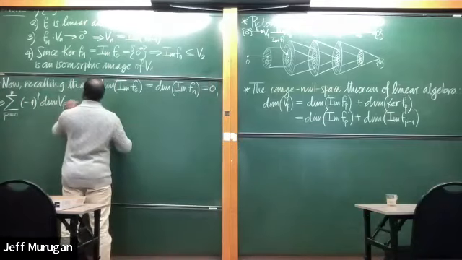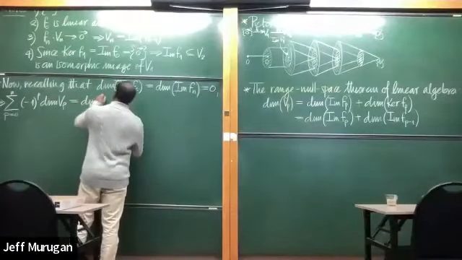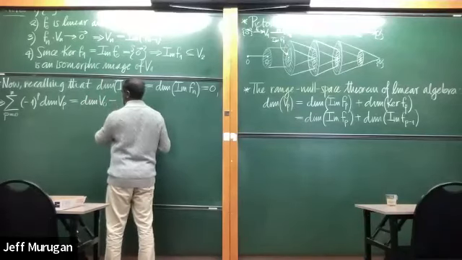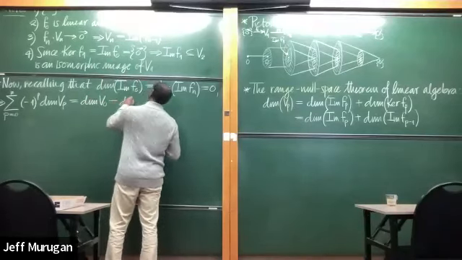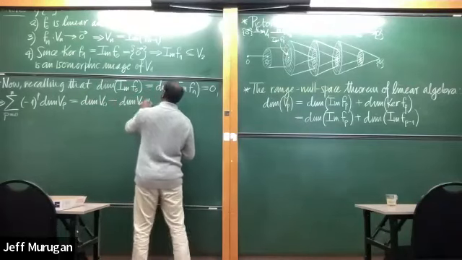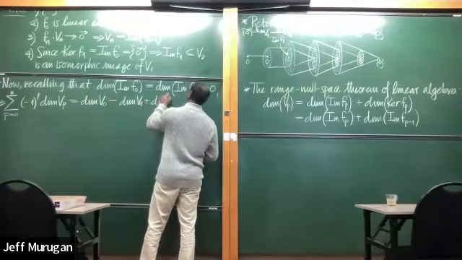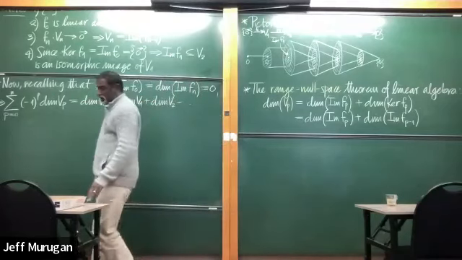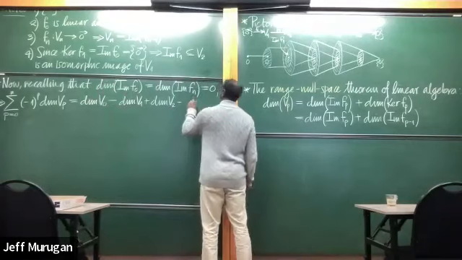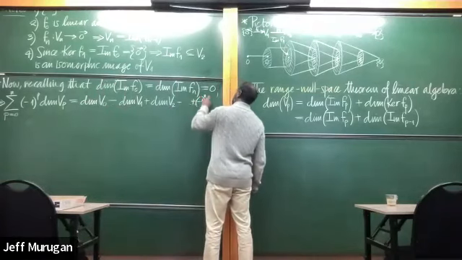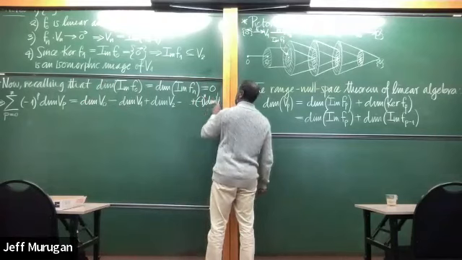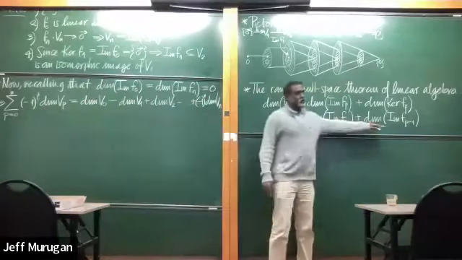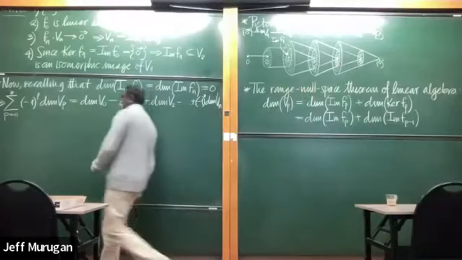And this thing is just the dimension of V naught minus the dimension of V1 plus the dimension of V2 minus etc., all the way to plus or minus 1 to the n times the dimension of Vn. Each of these I can write in terms of the dimension of these maps.